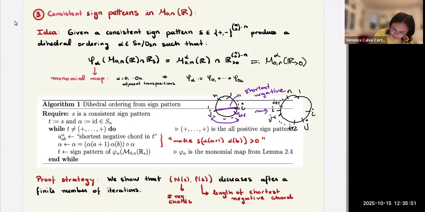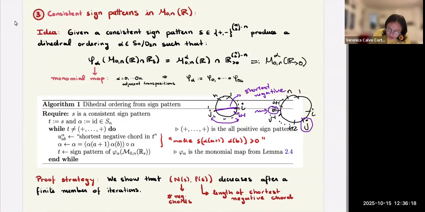So this is i. Sorry, i plus 1. We have swapped i plus 1 and j. So this is what this line is telling you. There is a bit more notation that was needed, but the idea is that we always take the shortest negative chord, and then we swap i plus 1 with j.